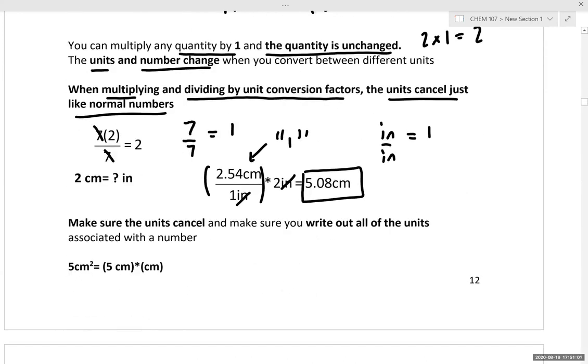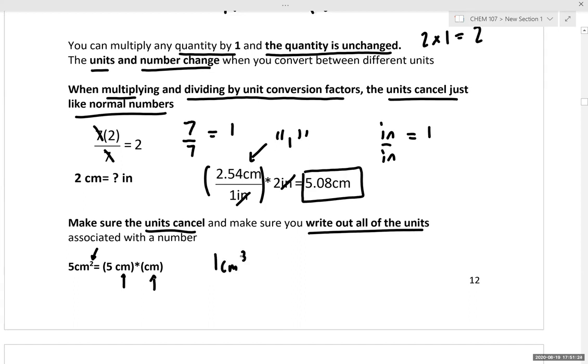Now, one thing that you do need to be aware of is you need to make sure that the units cancel and that you write out all of your units. So for example, 5 centimeters squared, a complex squared unit, is equivalent to 5 centimeters times centimeters.